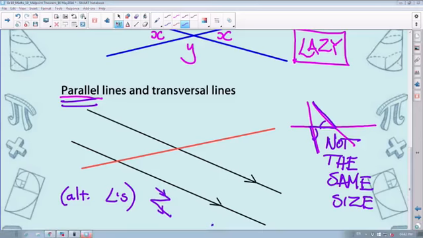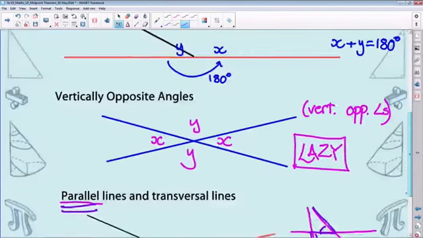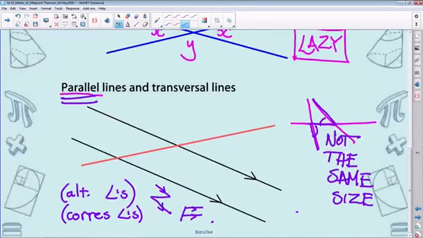And let's extend the page. Then we also have corresponding angles, and those have the F shape. I'm just going to go this way to give myself more space, and then go down. And lastly, we have the co-interior angles.